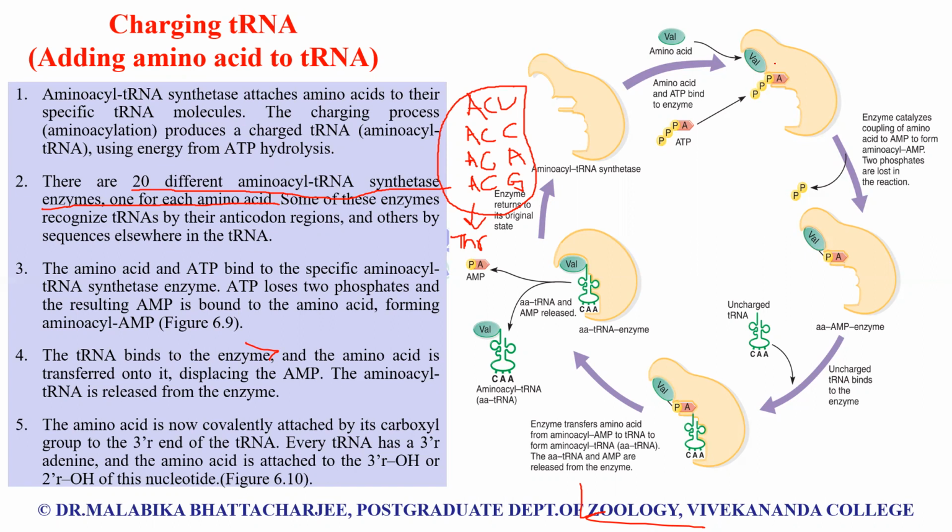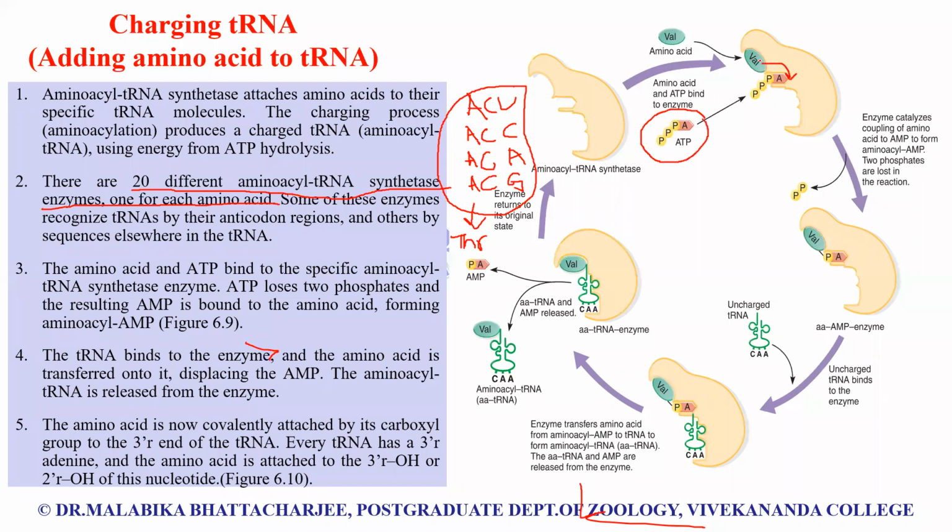So the step 1, this process is known as adenylation. Again, once more, the pronunciation is adenylation. So the step 1 of this adenylation is that the amino acid reacts with the ATP to become adenylated with the release of the pyrophosphates.